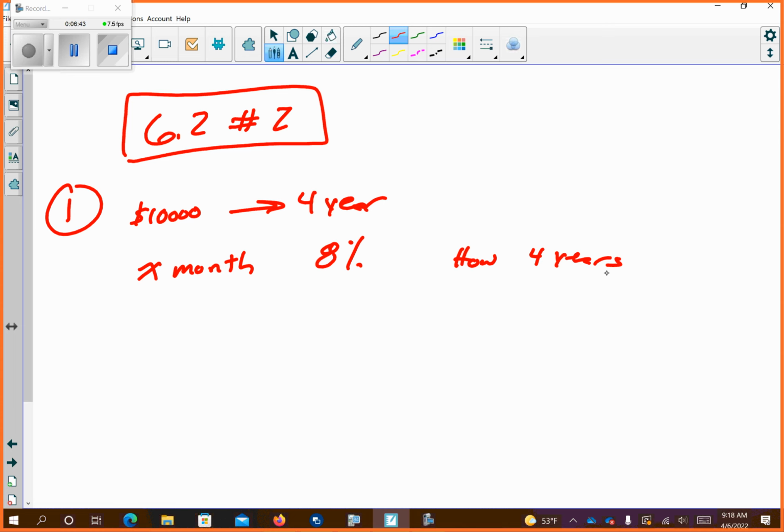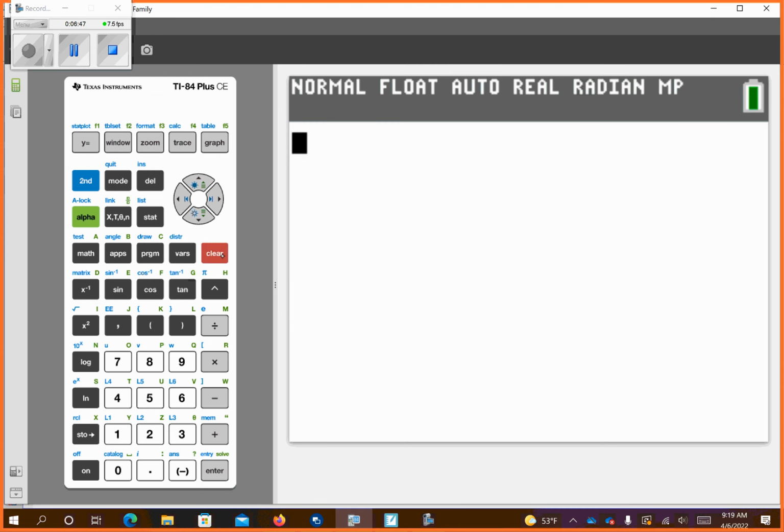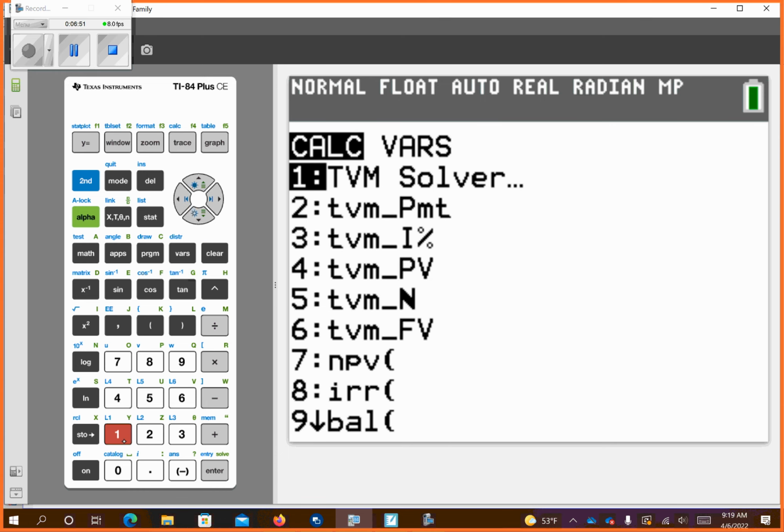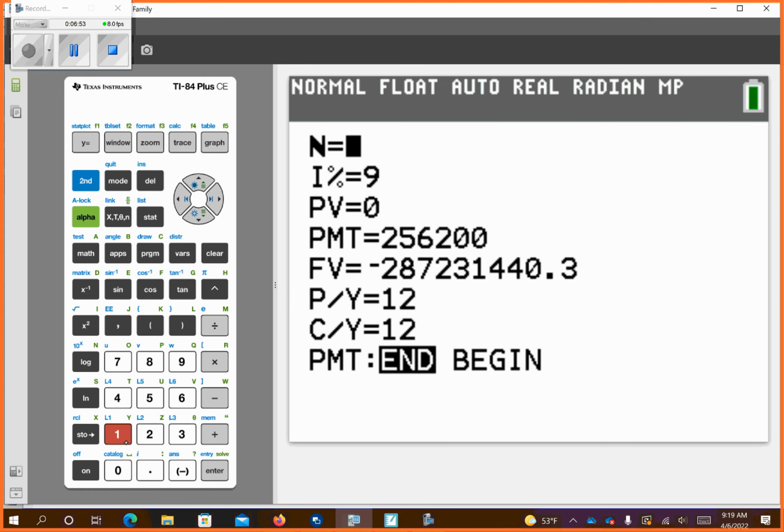So I think we can jump in on our buddy the calculator. Let's clear that. Let's go to apps, finance, TVM solver. And let's see. You wish to have 10,000. So our future value we want to be 10,000. In 4 years, and we're putting something every month in, so 4 times 12.